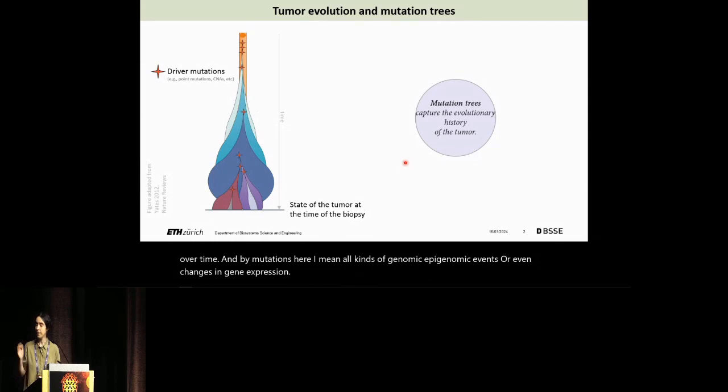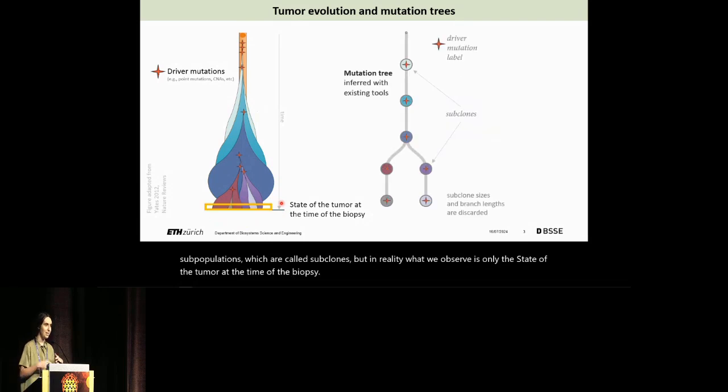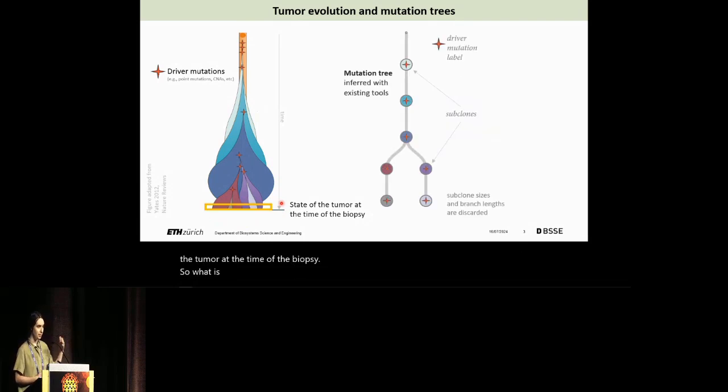In this figure, we can observe the accumulation of driver mutations that give rise to different cell subpopulations, which are called subclones. But in reality, what we observe is only the state of the tumor at the time of the biopsy.